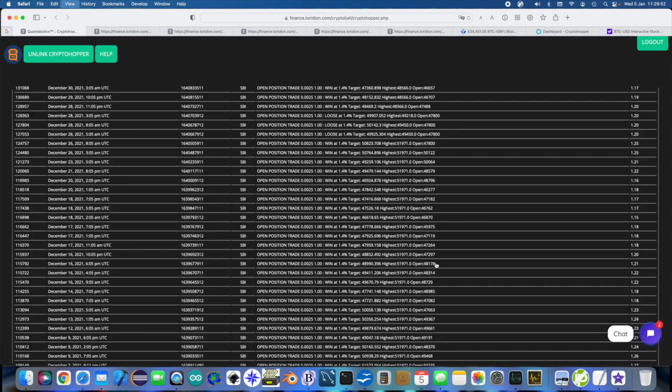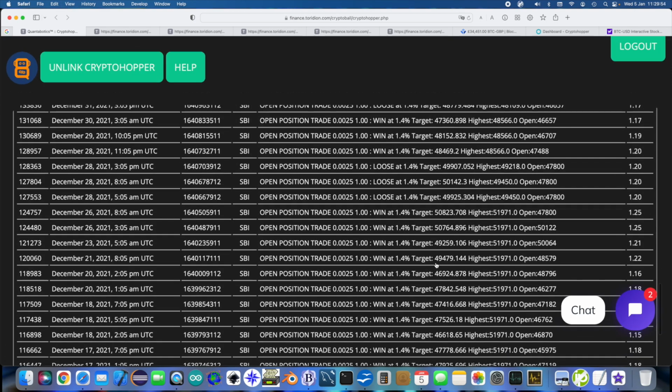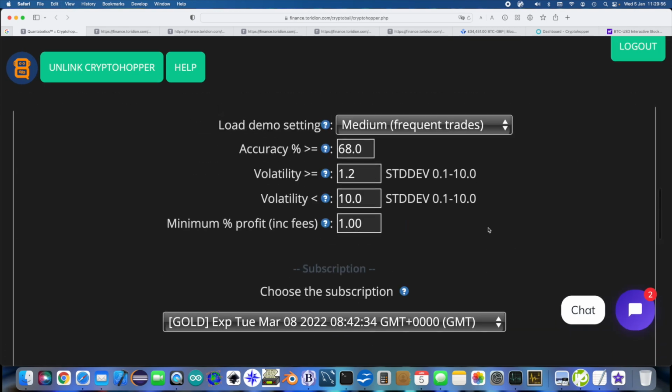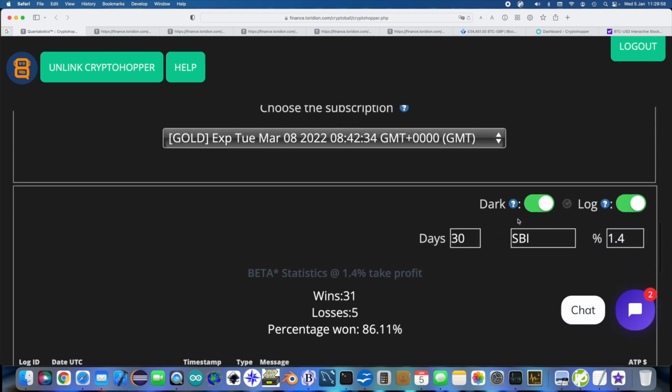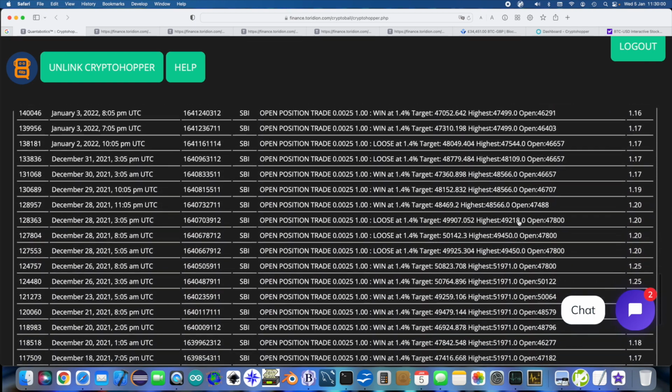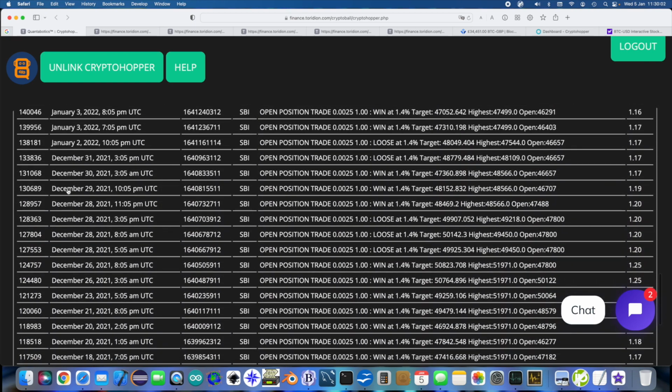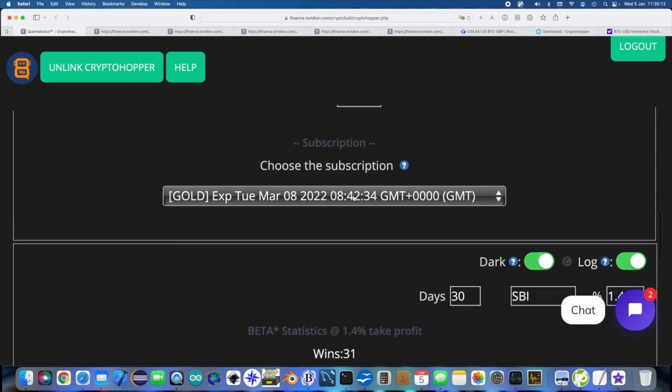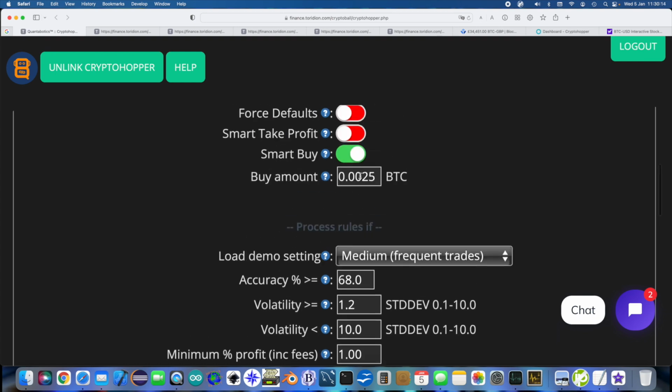I will zoom in. This is easier. Okay, so on December the 29th, 10:05, an SBI trigger, open position, 0.0025, which is my buy setting here for Bitcoin.